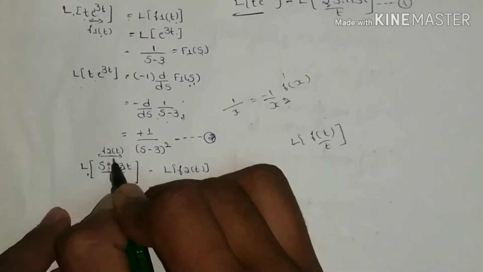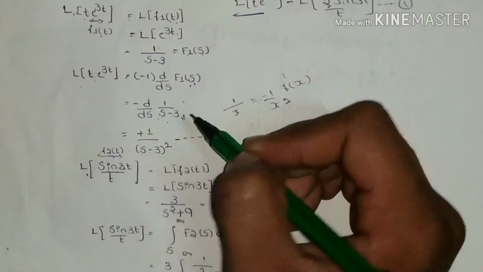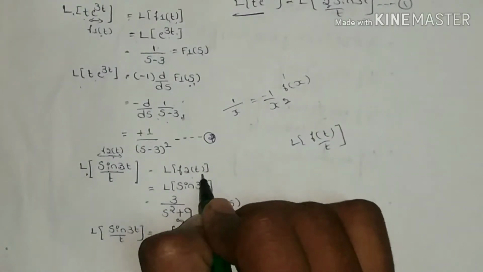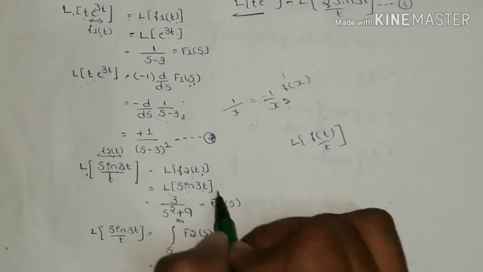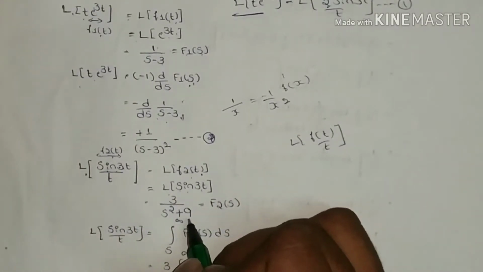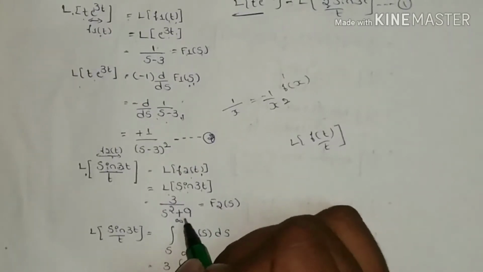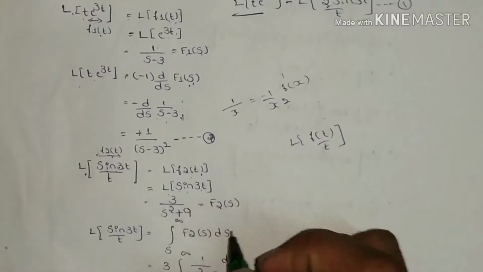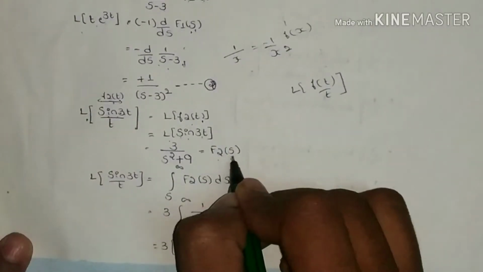I call it f2 of t, because I considered the previous term as f1 of t. So Laplace of f2 of t is Laplace of sin 3t, and according to the standard result, Laplace of sin at is a divided by s square plus a square. In place of a, 3 is there, so it becomes 3 divided by s square plus 9. It is called f2 of s.